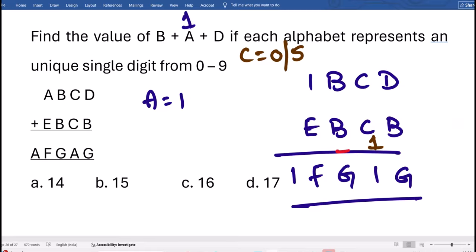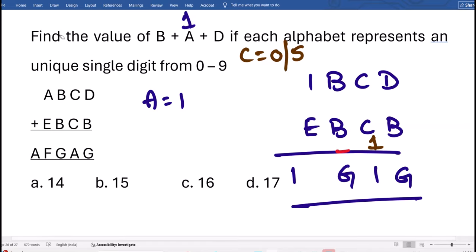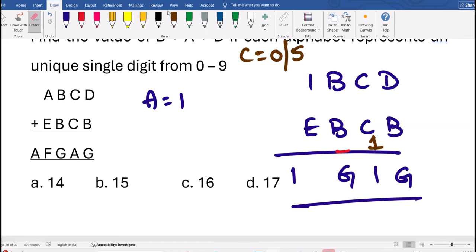What should be the value of E and F? E can be 8 or 9, F can be 0 or 1, but 1 is already taken by A, so F should be 0.